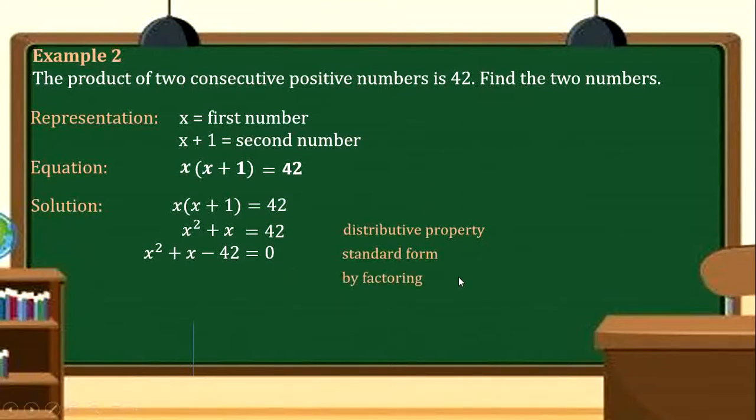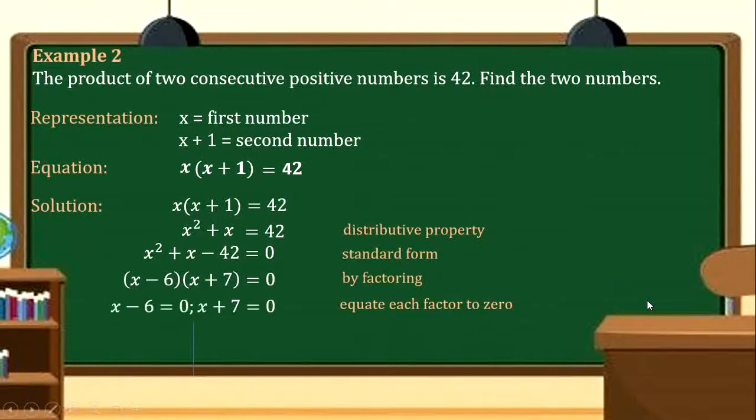And then, by factoring, the factors are x minus 6 and x plus 7 equals 0. And then, equate each factor to 0. So, we have x minus 6 equals 0 and x plus 7 equals 0. And then solve for the value of x. So, we have x equals 6. And then the other one, x is equal to negative 7.